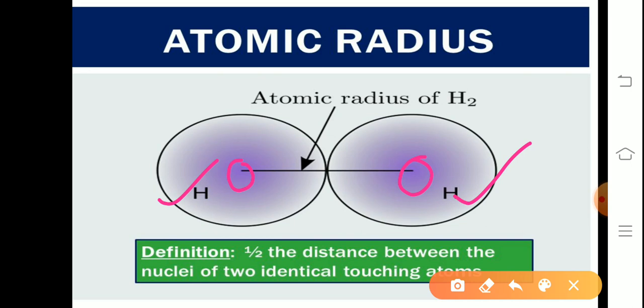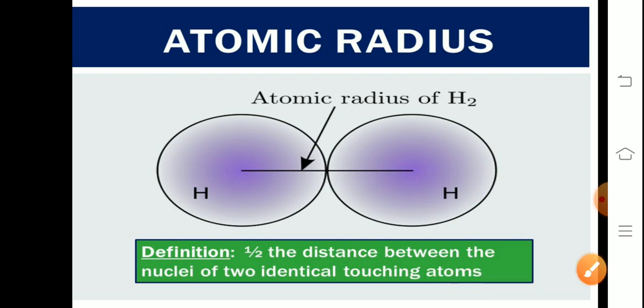For example, hydrogen H2 is a molecule. In this way we can measure the atomic radius in molecules.